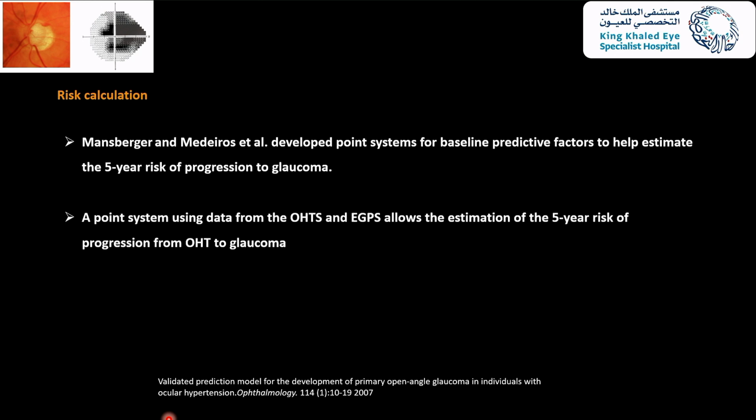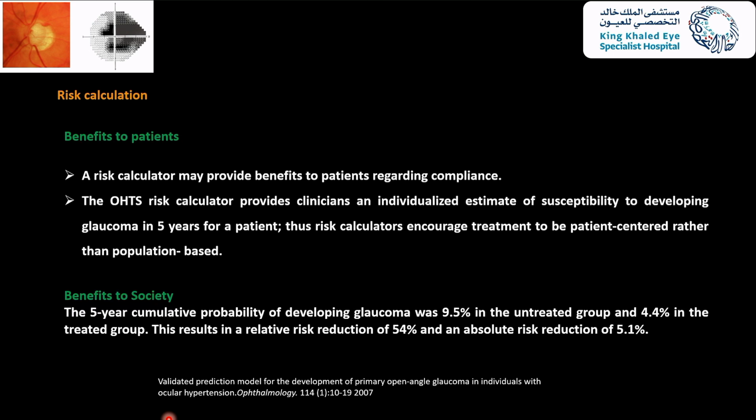So Mansberg and Medeiros et al. developed a point system for baseline predictive factors to help estimate 5-year progression of glaucoma. And this point system uses the data from both studies to estimate that risk.